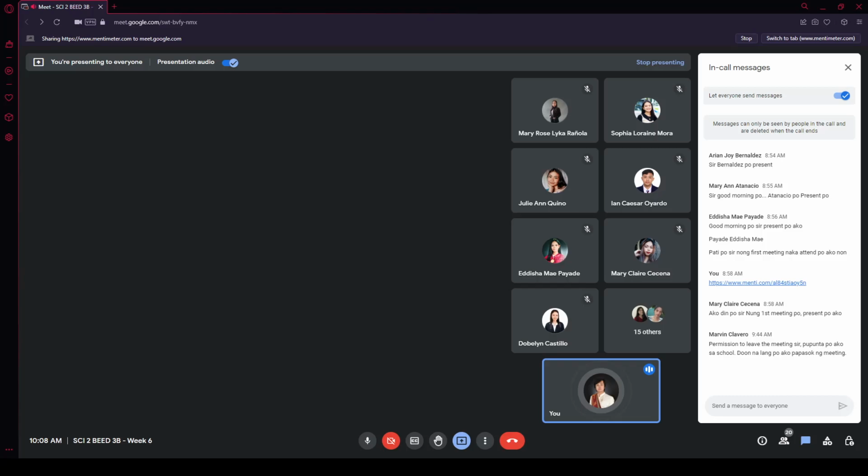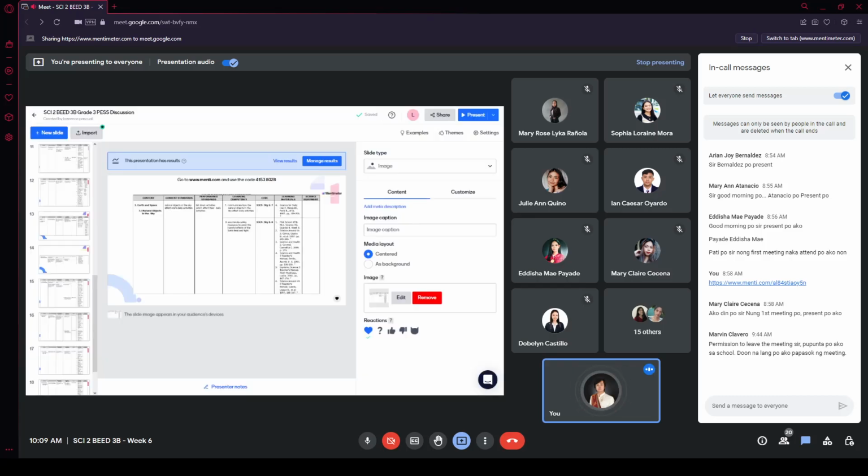Wait, is it this one? No, not this one, sorry. No, not this one. Okay, so yeah, let me just use this one instead. Let me minimize this. And then snapshot.